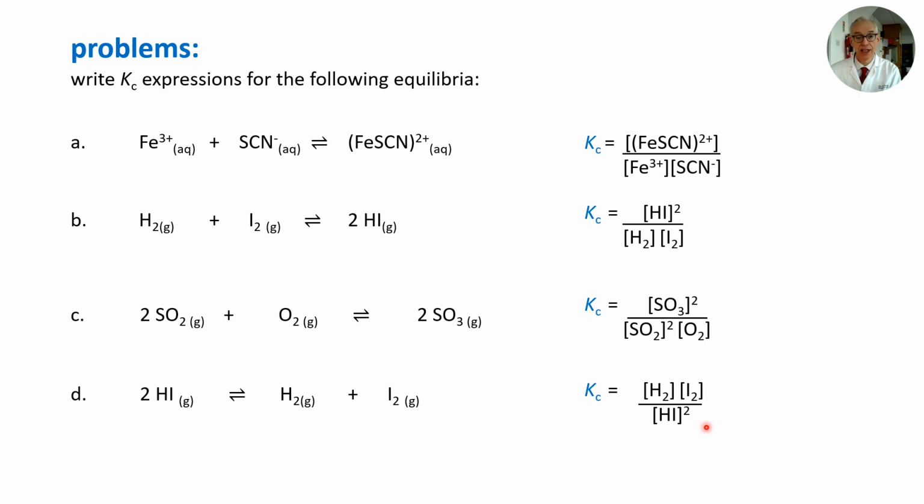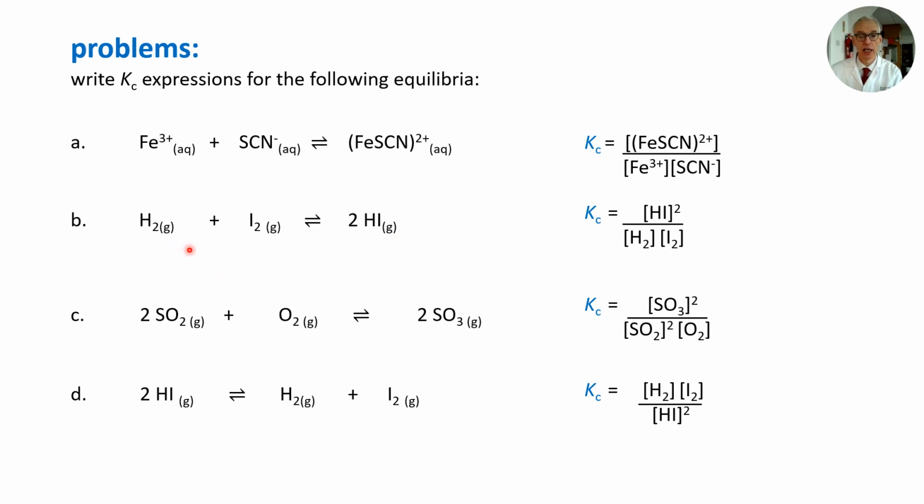So you'll see that when you compare B and D, one feature of the equilibrium constant is that you have to have an equilibrium expression to which the constant refers. So you can't say, oh, the equilibrium constant for the hydrogen iodide, hydrogen iodine equilibrium. You have to specify in which direction you are writing it, left to right.